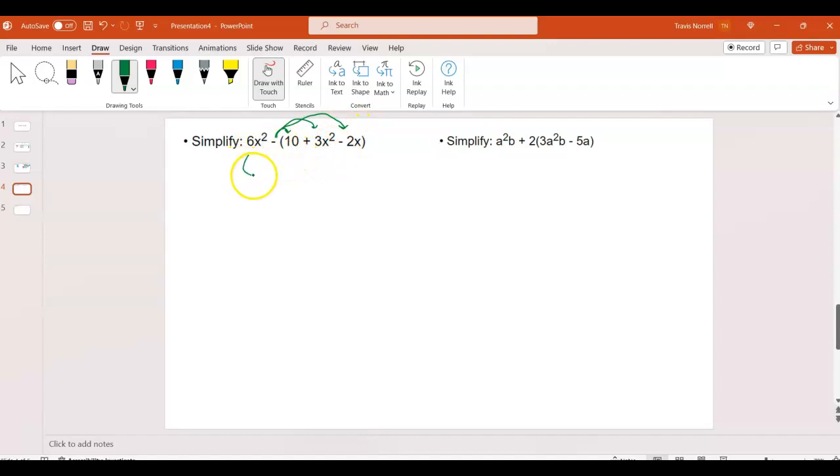So that's going to give me 6x squared minus 10 minus 3x squared. Notice that's changing the sign of each of these numbers. So a minus negative 2x would give me plus 2x.